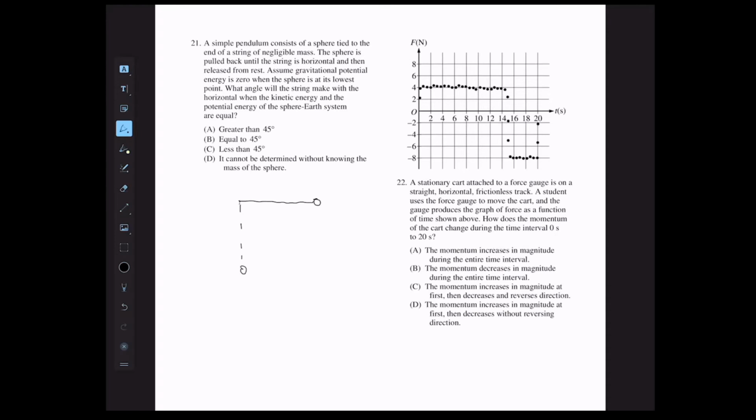When the kinetic energy and potential energy are equal, that means it's halfway between its peak and its starting point. So it's like right here.